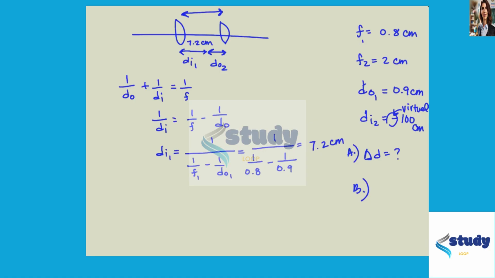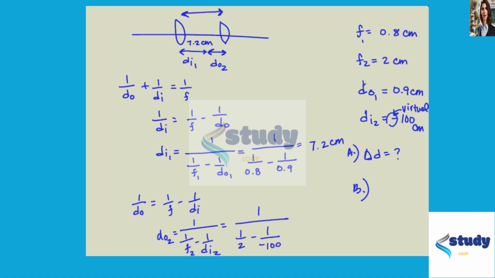Then using the same equation, but now we are going to solve for dO. I can say 1 over dO equals 1 over f minus 1 over di, and then adding 2's for clarification, we get 1 over 2 minus 1 over negative 100.